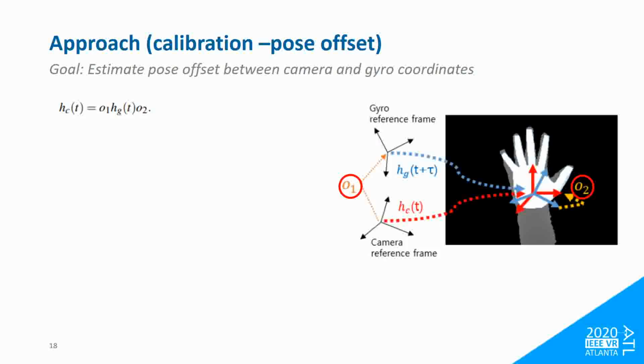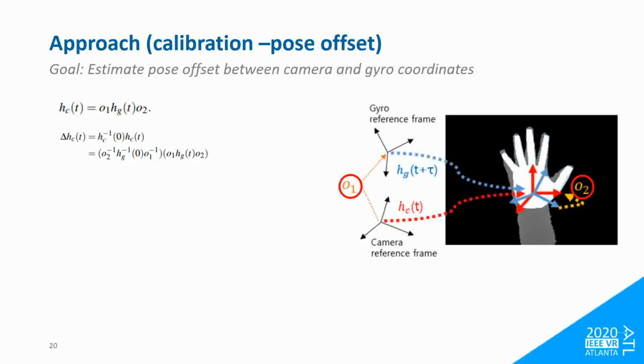For calibration, in this step, we estimate the pose offset between the camera and gyro coordinates. As in the figure, we can define two offset quaternions, O1 and O2. HCT is the hand pose from the camera reference frame at time step t, and HGT is the gyro pose from the gyro reference frame at time step t. Next, we define the delta of HC from the initial pose at time step 0.